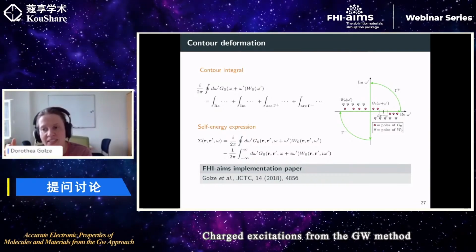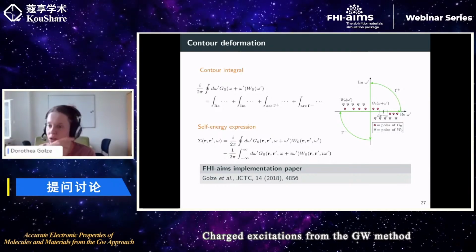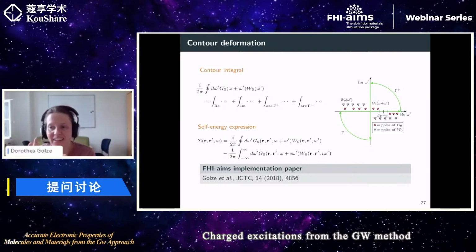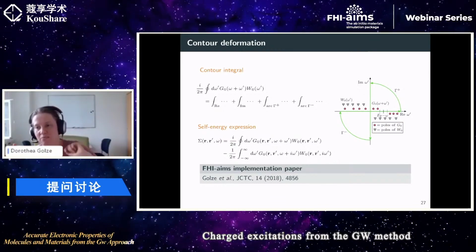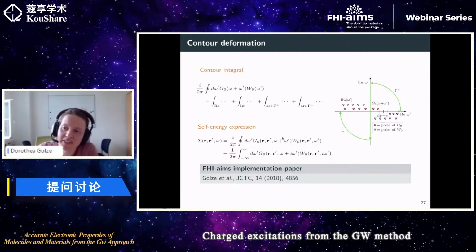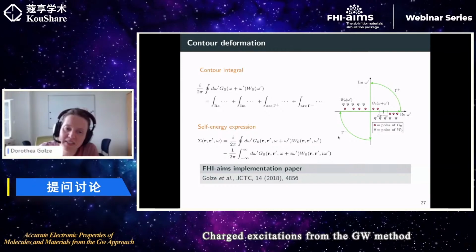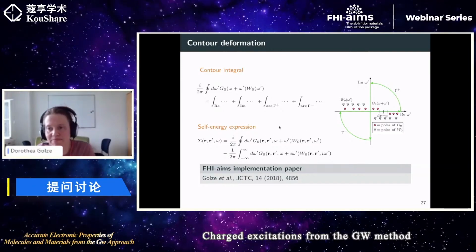For core levels, you sum over the whole set of occupied states, and W scales as N to the power of 4. You have a sum over occupied states in front of it, and then suddenly you have your N^5. I would have to write down the exact equations, but it's basically this term that is screwing you over, which comes from this path integral.